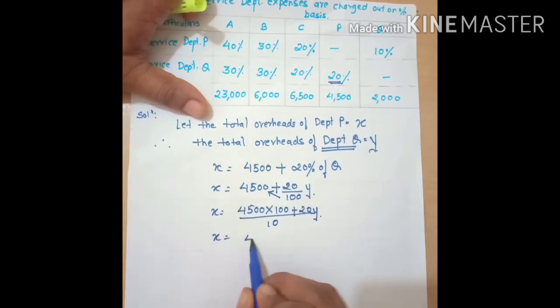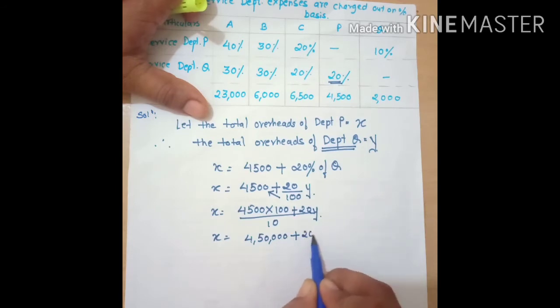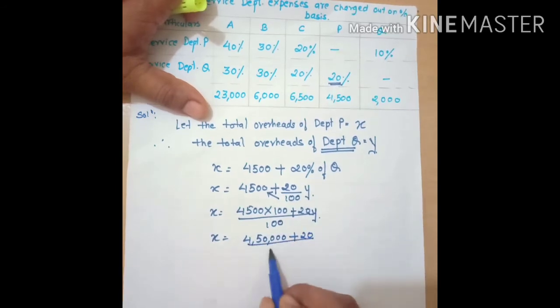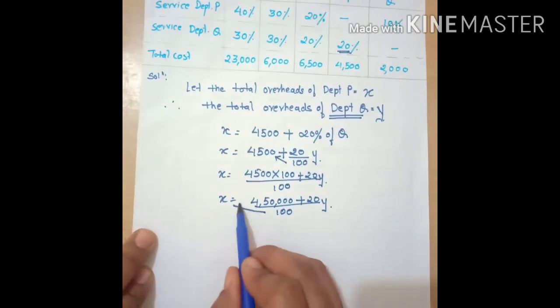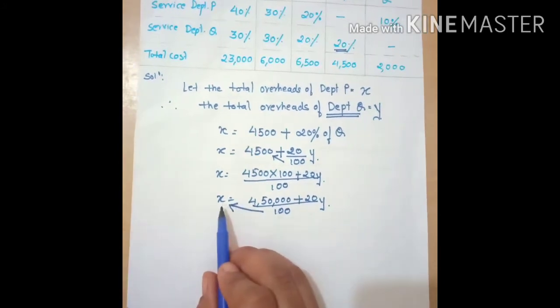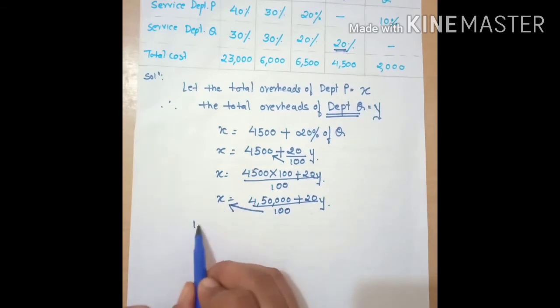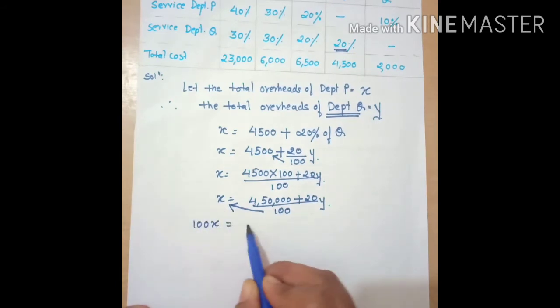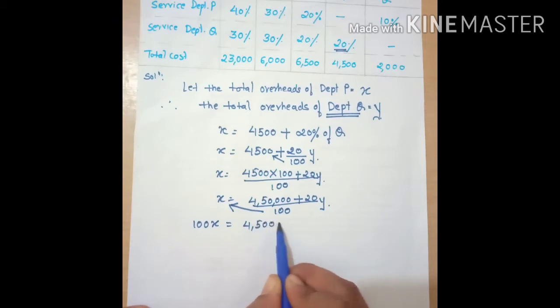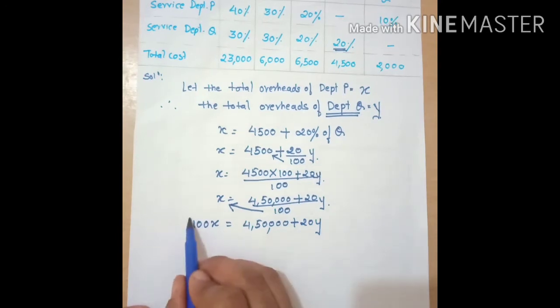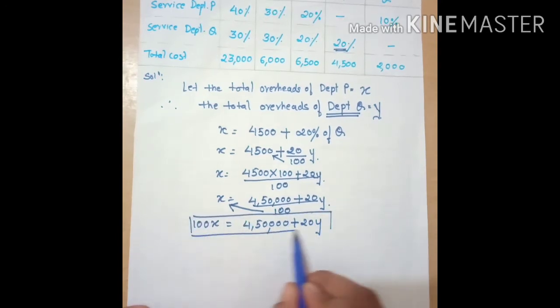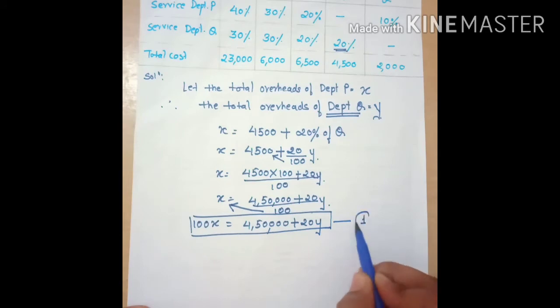So X is equal to 4,50,000 plus 20 upon 100 Y. Now in the next step we will multiply this 100 with X. So 100X is equal to 4,50,000 plus 20% of Y. This is our equation number 1.